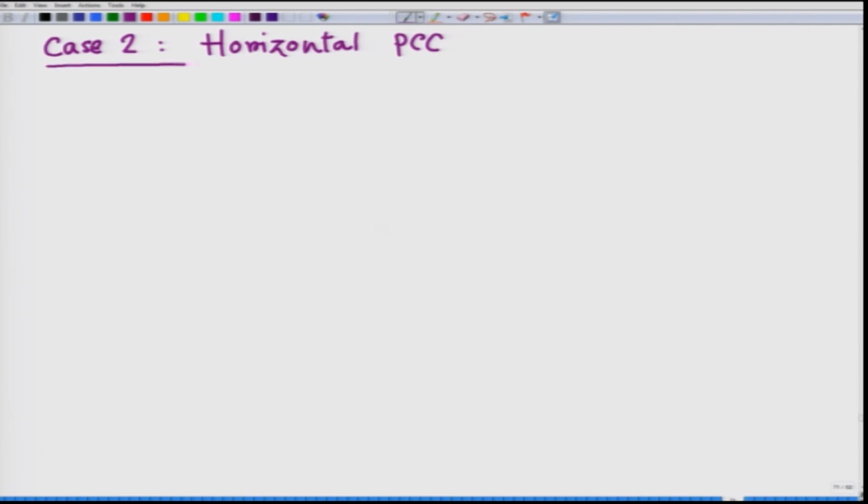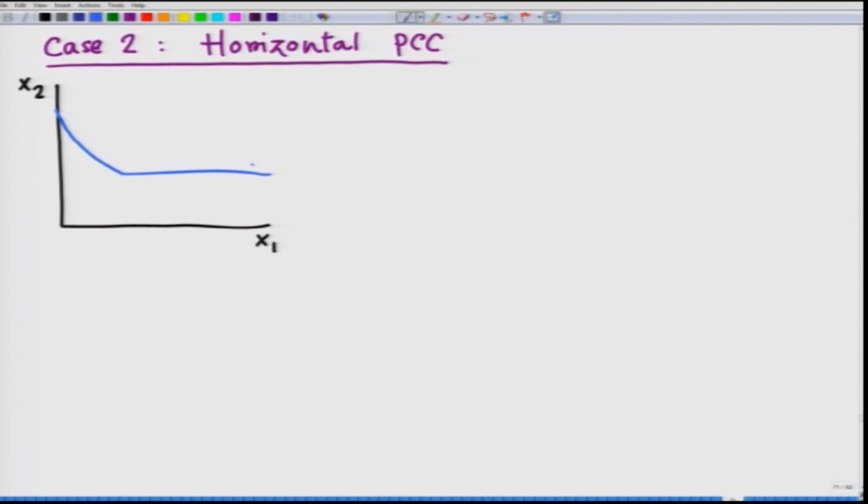So, I will straight away just draw the shape and then we are going to discuss. So, we are expecting something like this. First falling and then it is becoming parallel to the x1 axis.